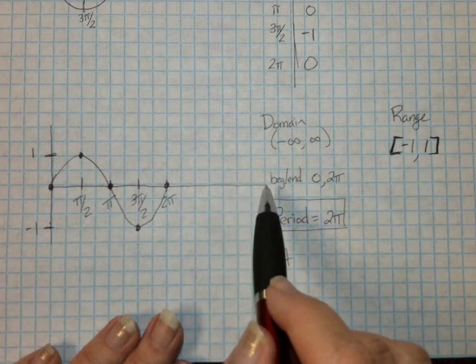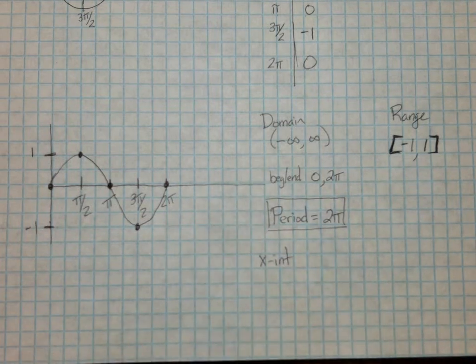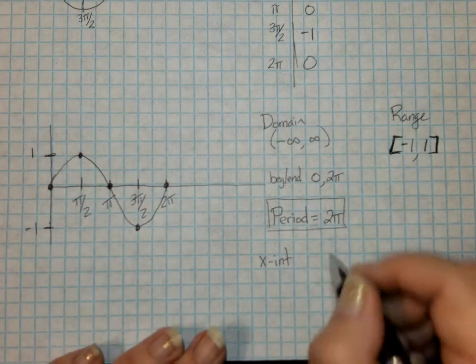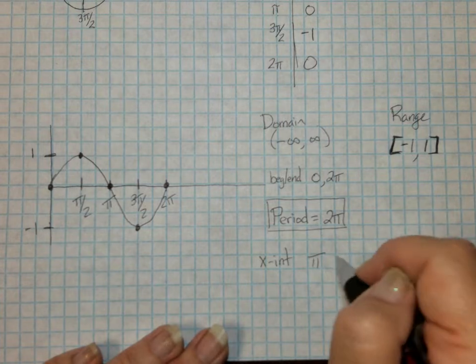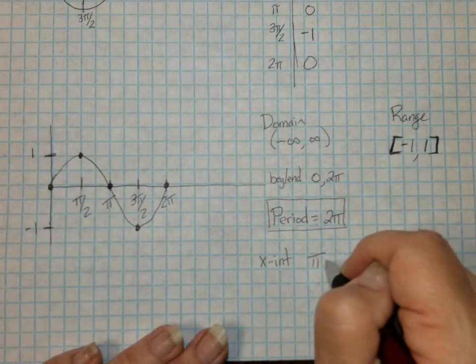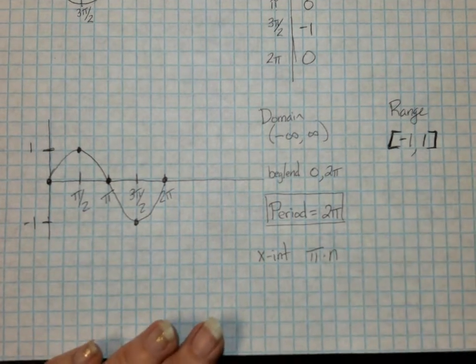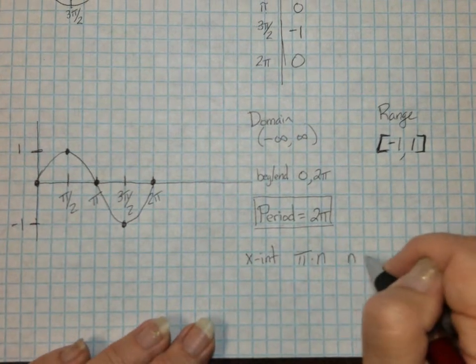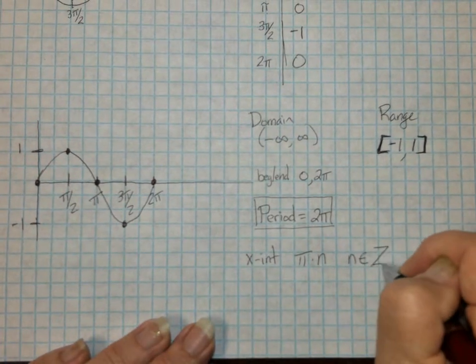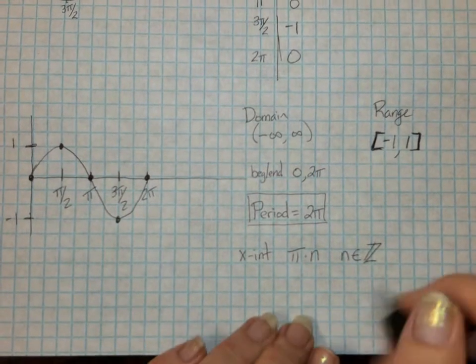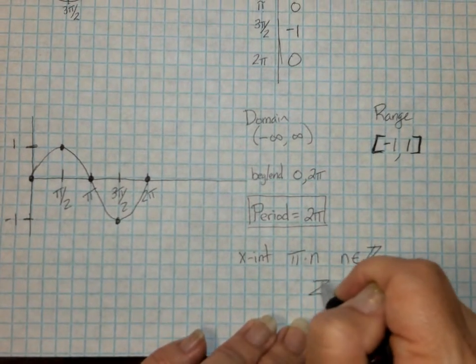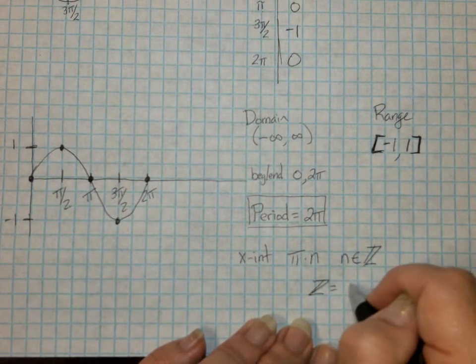And again at 4 pi. You see that every multiple of pi, it's going to cross the x-axis? So our x-intercept is pi times n. And n can be any integer. Alright, so let's talk about this Z right here. Z is the set of integers.